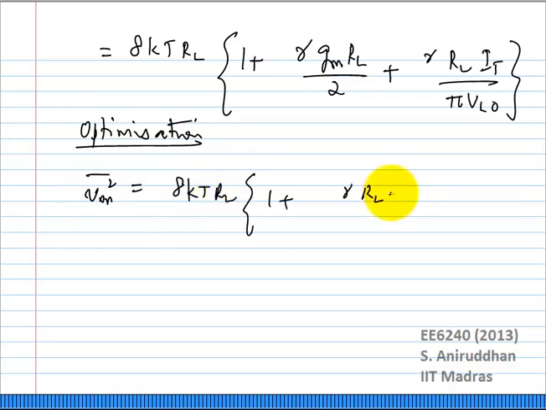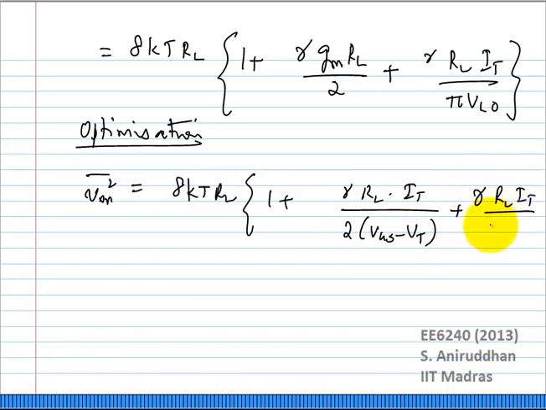The Gm of this device is nothing but IT over VGS minus VT, plus the last term is gamma RL IT by... Why do we want to do this? Because the noise from the switches is in terms of IT and VLO. We can rewrite the Gm of this in terms of IT and VLO and compare the two.